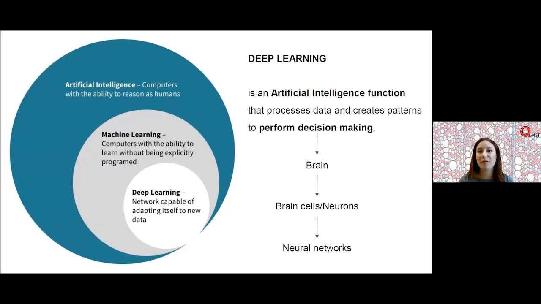Well, it is very important, and it is of great use because it works exactly as a brain would work. So it can perform decision making. And to perform decisions in general, you need a brain. And the brain is made of neurons or brain cells. These neurons are connected to each other through neural networks.